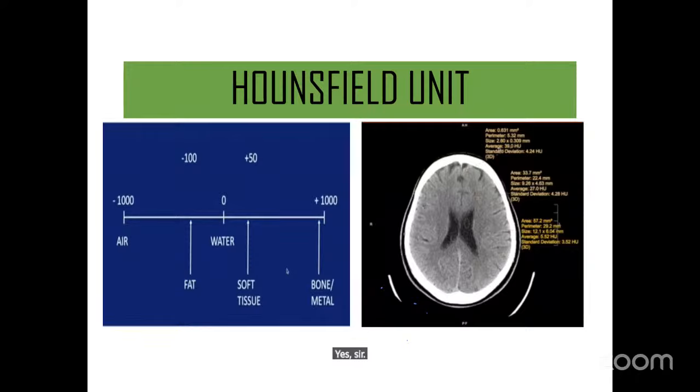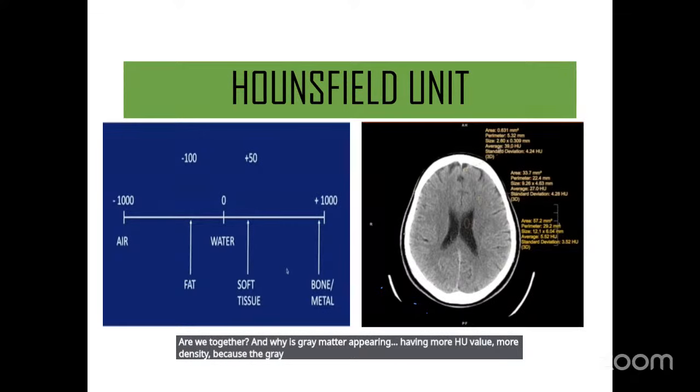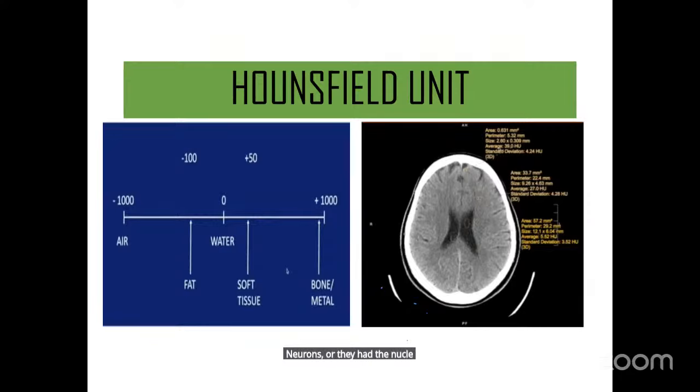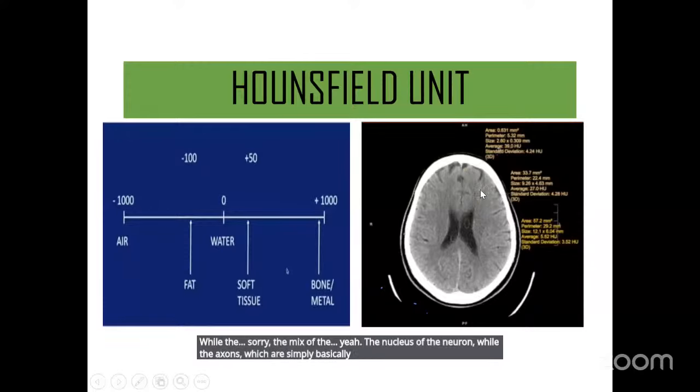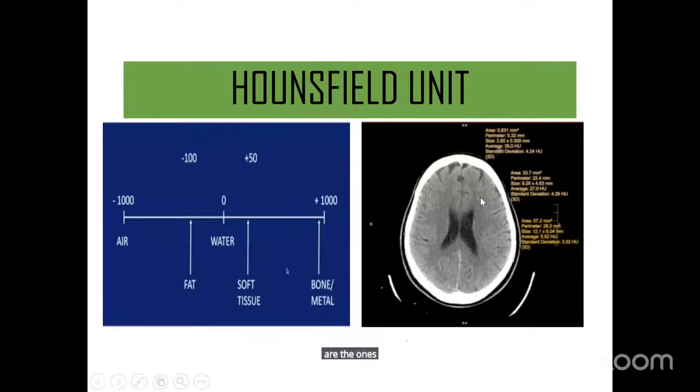And why is gray matter appearing to have more HU value, more density? Because the gray matter contains the neurons, or the nucleus of the neurons, that makes up the axons. While the axons, which are basically myelinated sheets, are the ones condensing here as white matter structure.